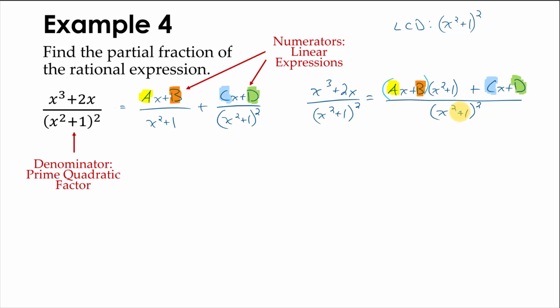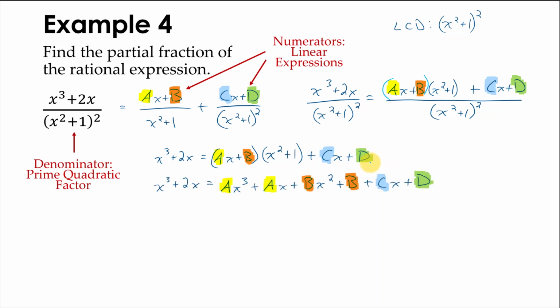And then I'll go ahead and FOIL this out. So I've got ax plus b times x squared plus 1, and I'm just taking away my denominators, just looking at the numerators right now, and then plus cx plus d.